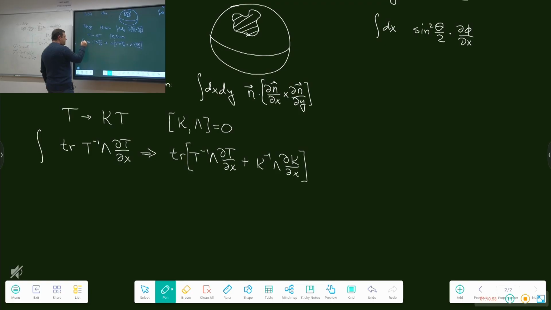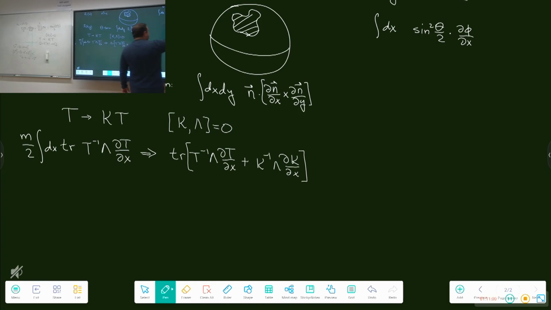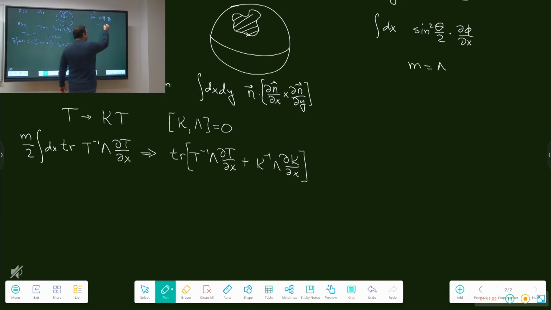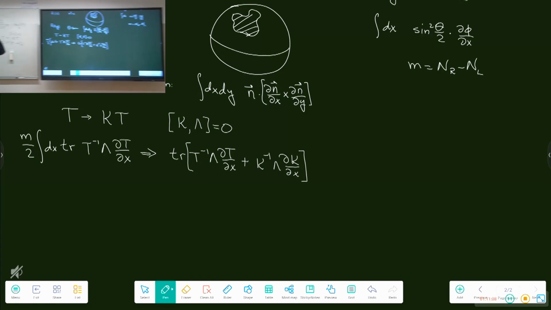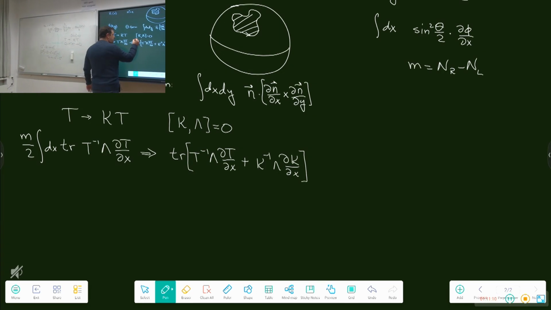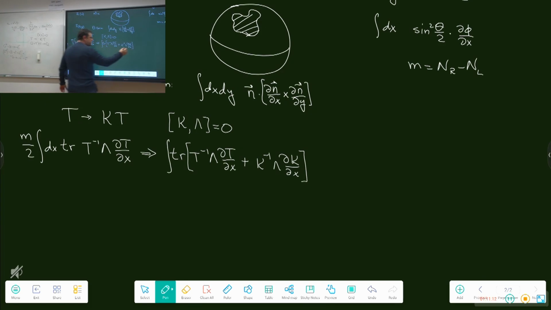It's the integral dx, and the prefactor was m over 2. M is the imbalance, the number of right minus number of left. It's an integer number which corresponds to sigma xy. So here I will have the same: an integral over dx, m over 2.